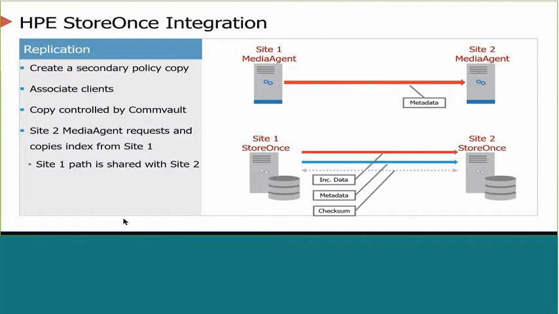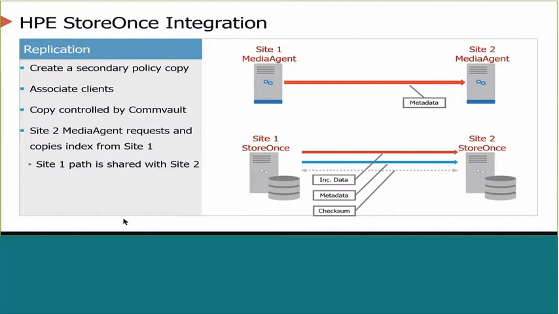We have a little bit more insight here with the StoreOnce in that it's actually going to be controlled by Commvault. So in the case of what we would call a dash copy, this is actually going to be the two StoreOnce devices communicating with each other, but Commvault is going to initiate the action.